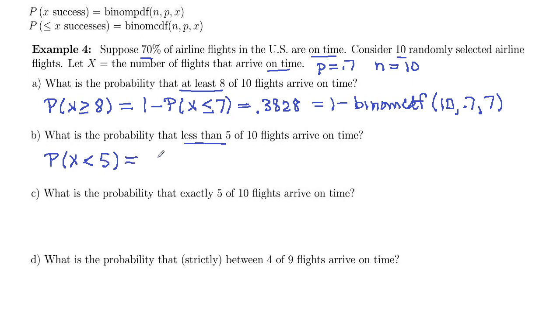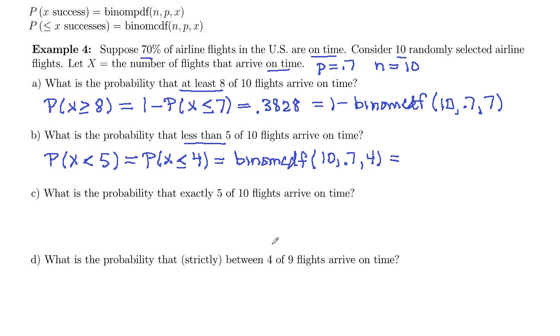So that's the same as probability X is less than or equal to 4. And let's write out the command. So this is binomial CDF. We had 10 trials, probability of success was 0.7, and we want less than or equal to 4.